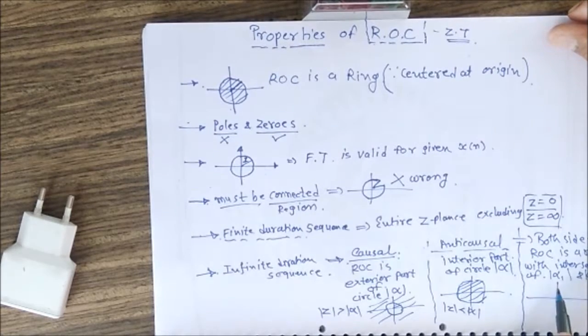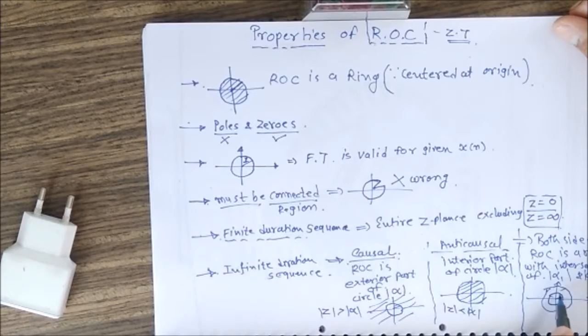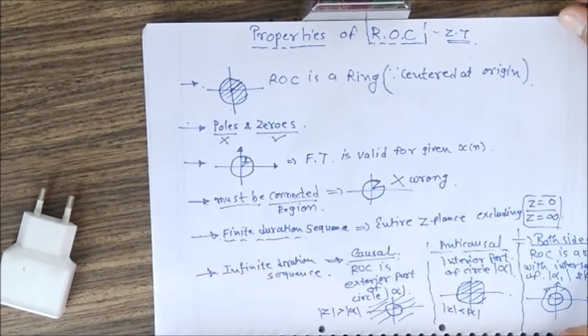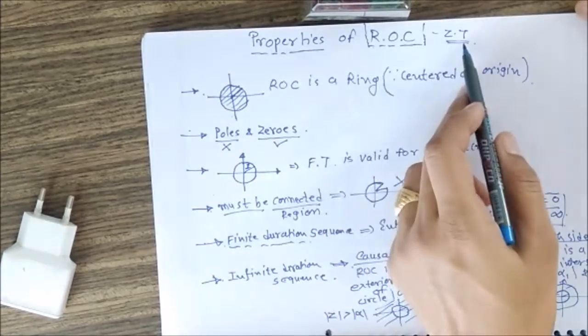So the ROC would be a ring with radius alpha 1, alpha 2 with the different conditions. So this would be the ROC of both-sided sequence. So these are the important properties of ROC.